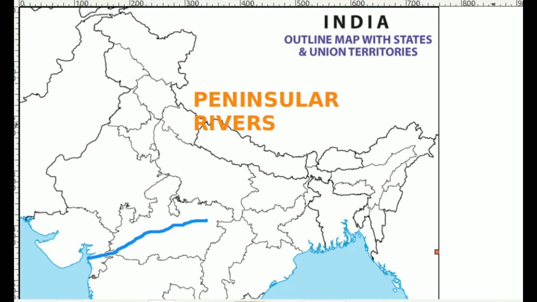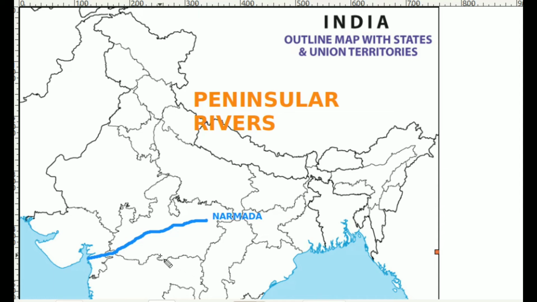From Madhya Pradesh, it passes through Maharashtra and Gujarat to Arabian Sea, flowing towards west. Starting from the eastern side of Madhya Pradesh.